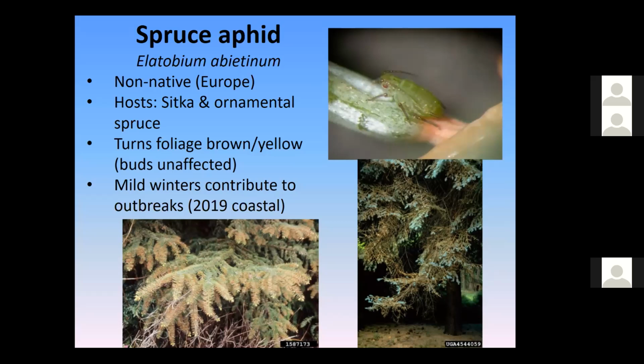On the coast in 2019, if you spent any time around ocean shores, Willapa Bay, pretty much anywhere around that area further north, I think, the Sitka spruce had this horrible brown color. It was worse in the older foliage. This photo on the lower left kind of looks like that, but the new buds hadn't flushed out yet.